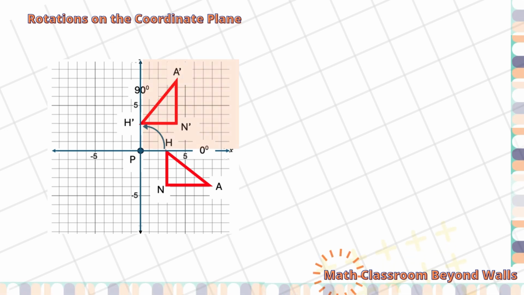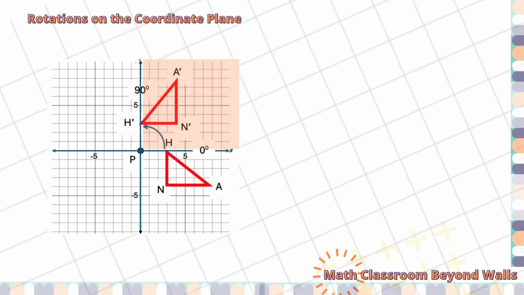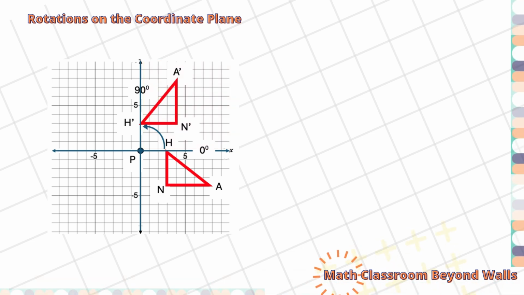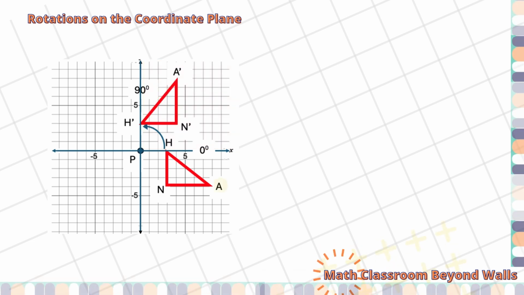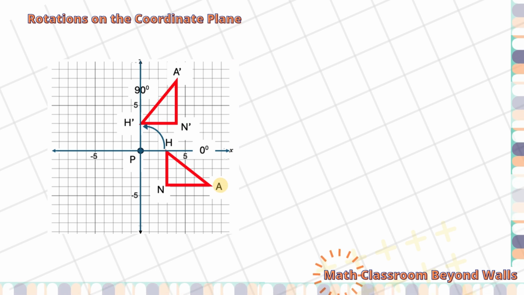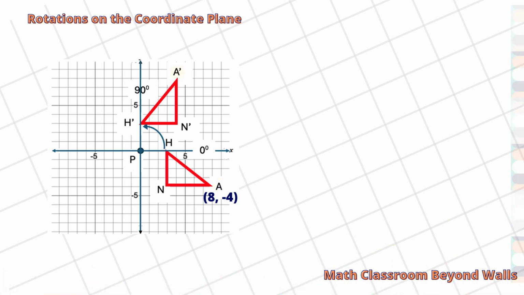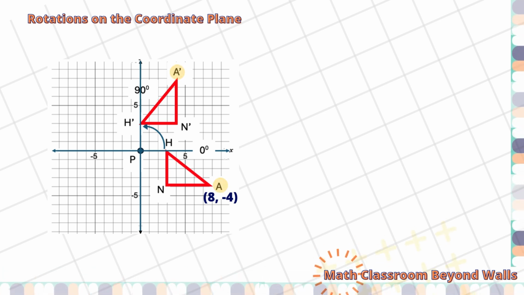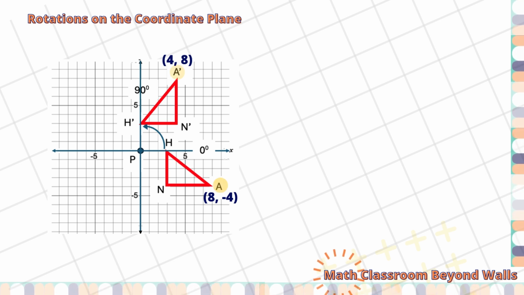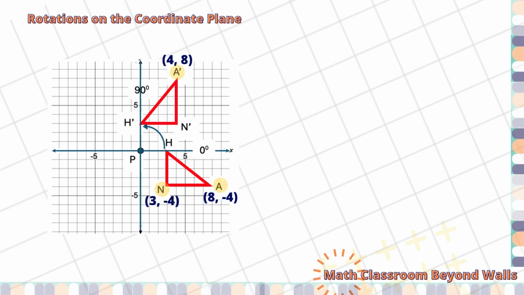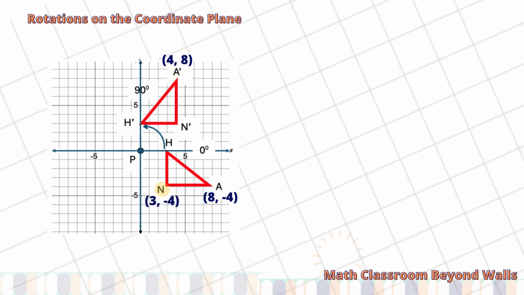Let us continue by writing the coordinates of the corresponding vertices on the diagram. On A, from the preimage, the coordinates are (8, -4). On A prime, the image, the coordinates are (4, 8). On N, the coordinates are (3, -4).